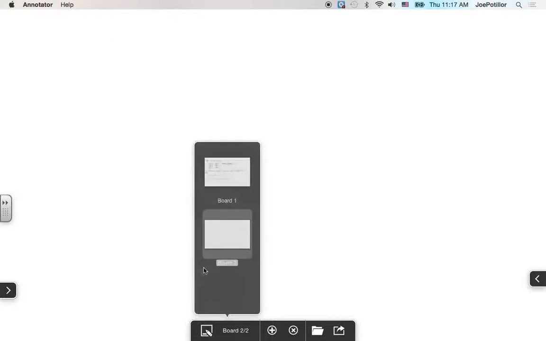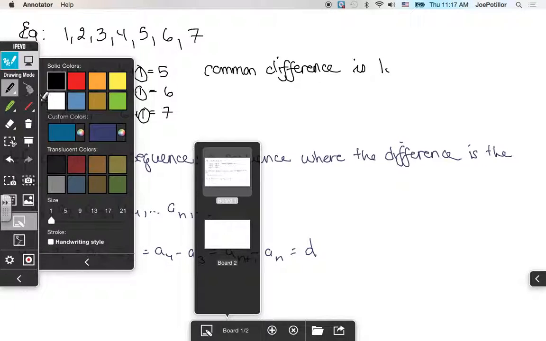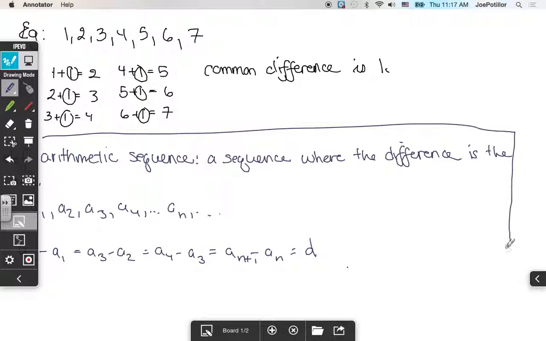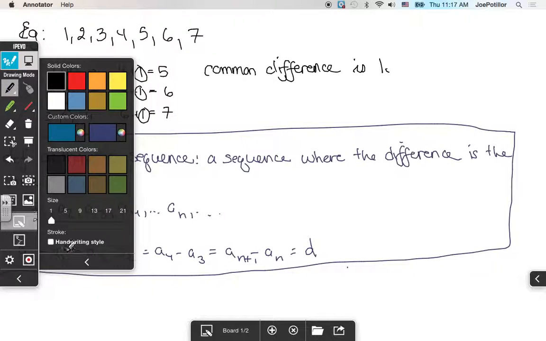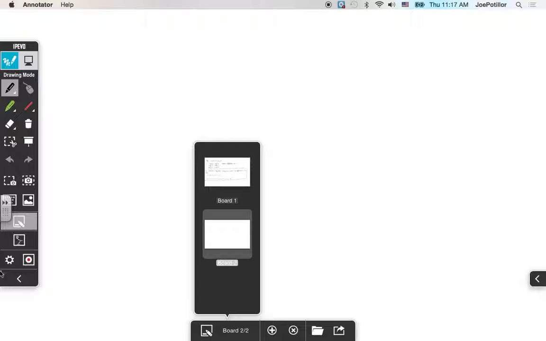Oops, we should put a box around that this way. There you go. There's your fancy box. All right.